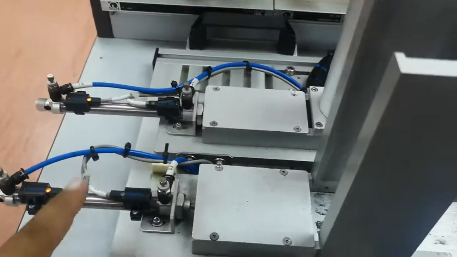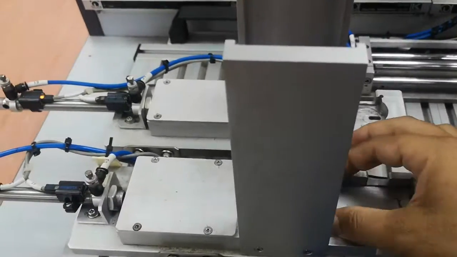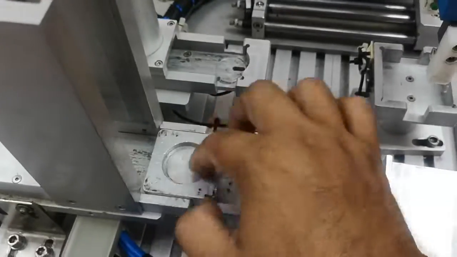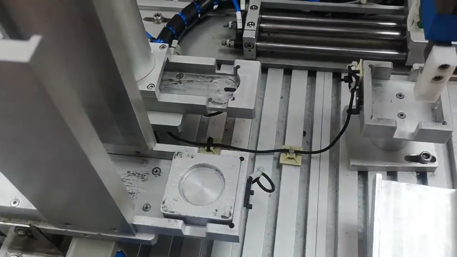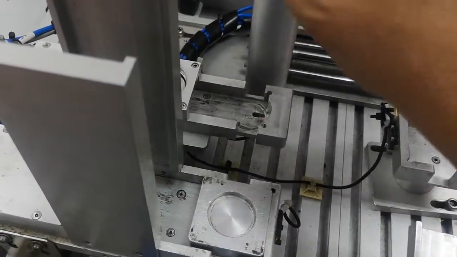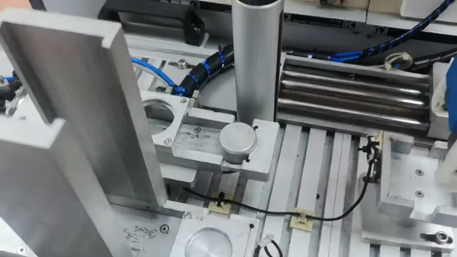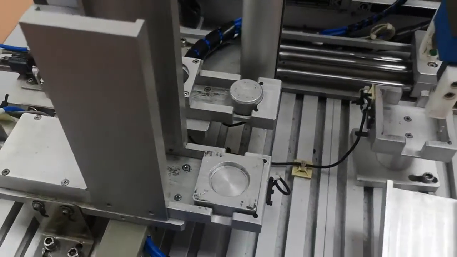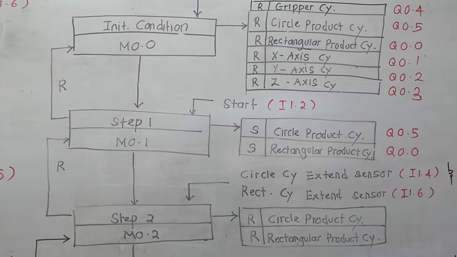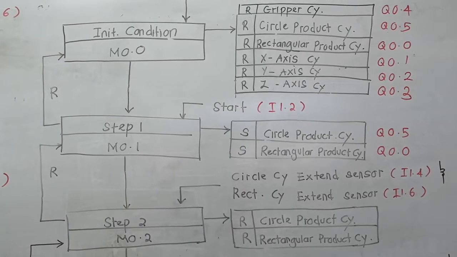At the moment, this cylinder and this cylinder must be activated so that the rectangular product can be pushed outside, same as the cylinder product, it must be pushed outside. So how to do it? As I mentioned in step 1, when the start button is activated, we have to set the cylinder product and also the rectangular product.